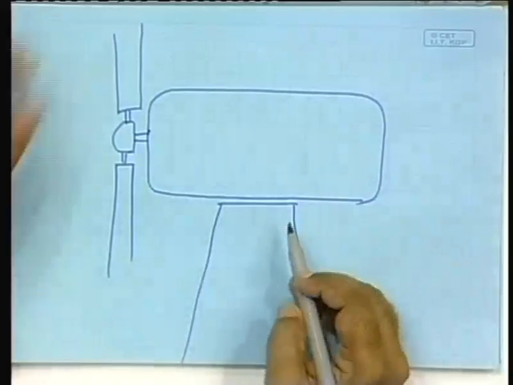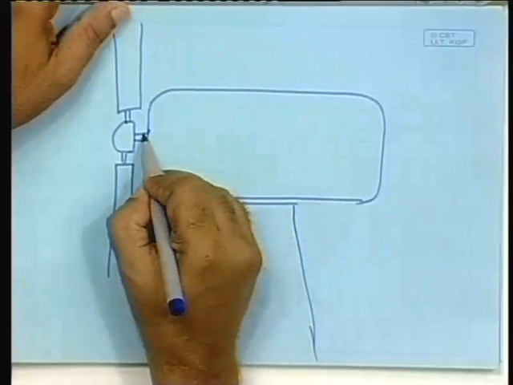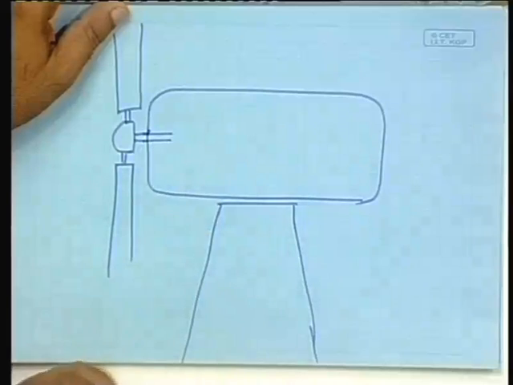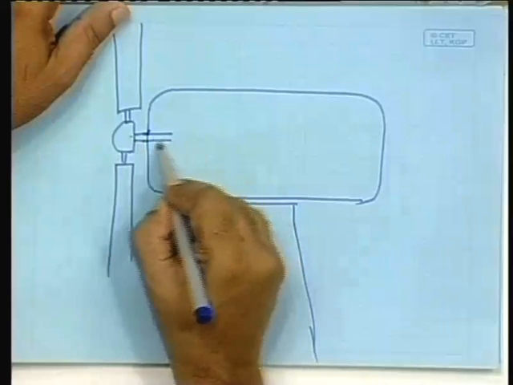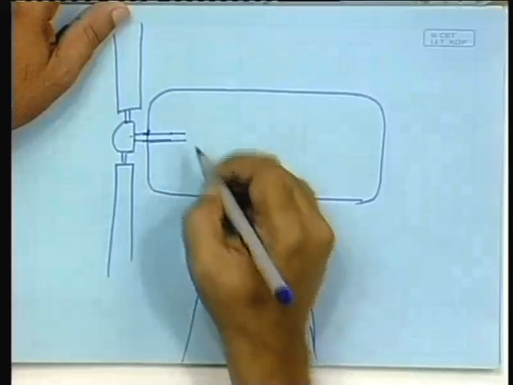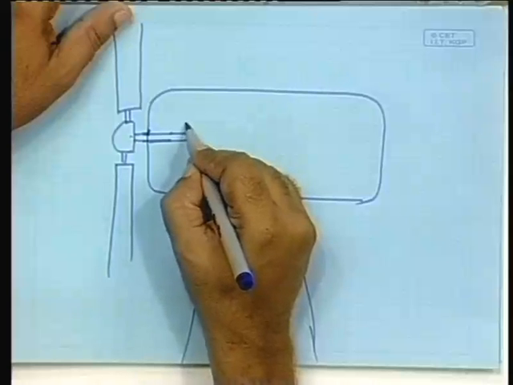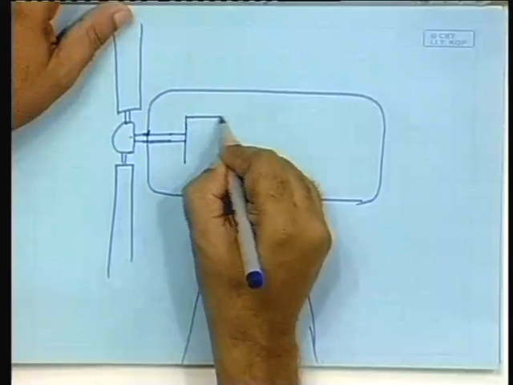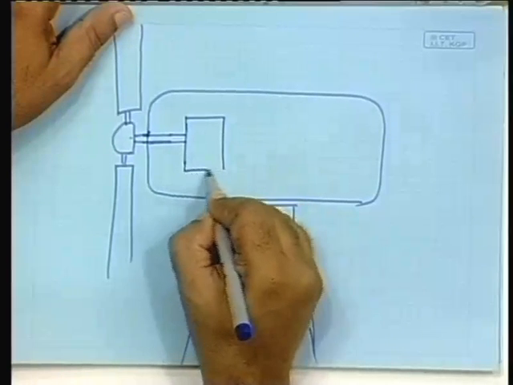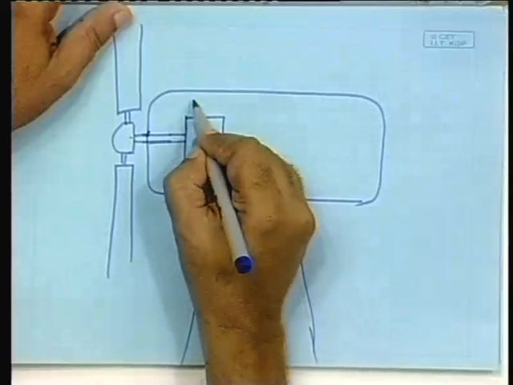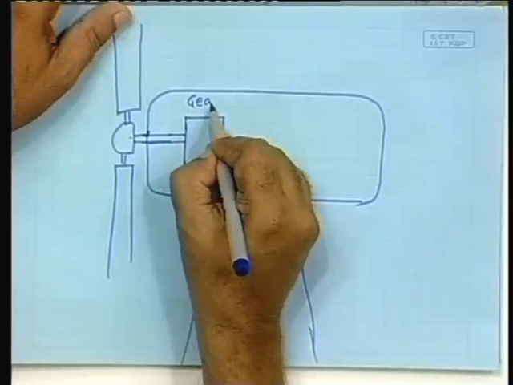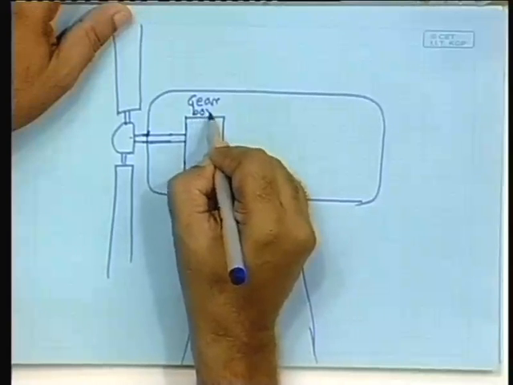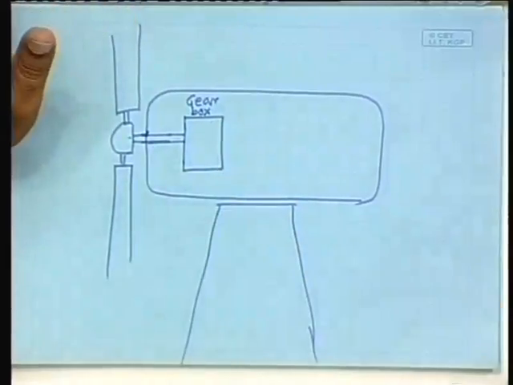Now, what is inside? Inside, firstly, there has to be the shaft is to be connected, and the shaft is to be connected first to a gearbox. So, that together is a transmission system.